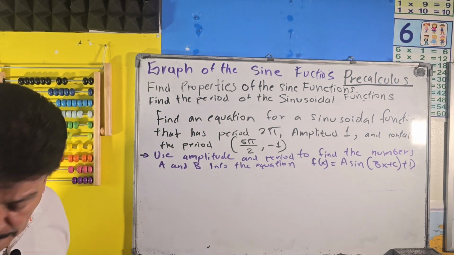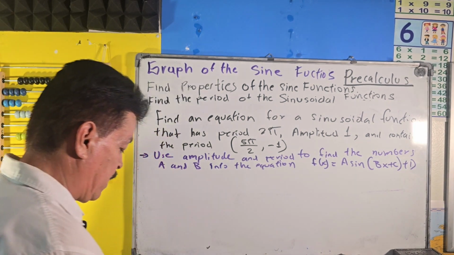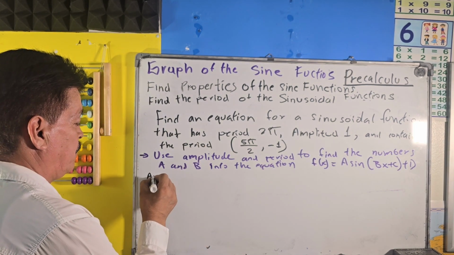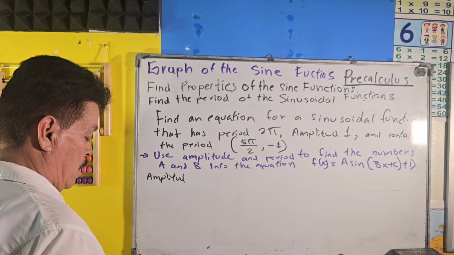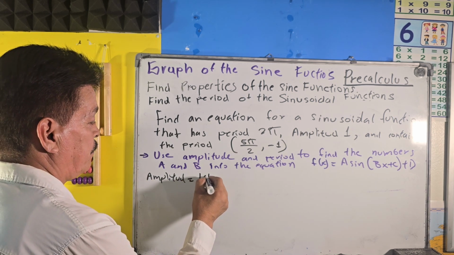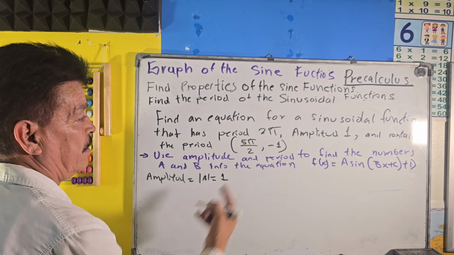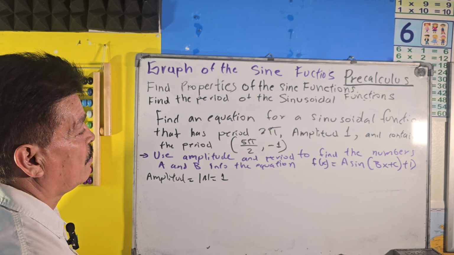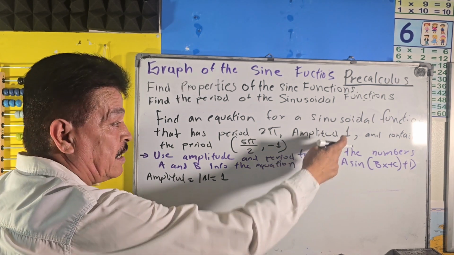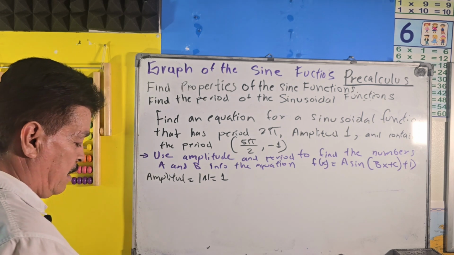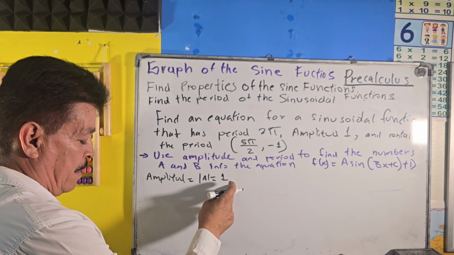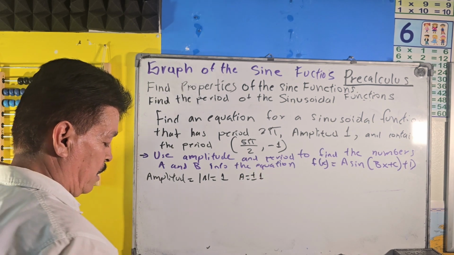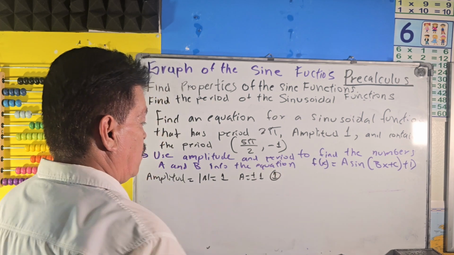Easy. So now let's write the amplitude. A equals 1. It's in the problem, right? This amplitude is 1 right here. It's given in the problem. So this means that A equals plus or negative 1. We select 1.